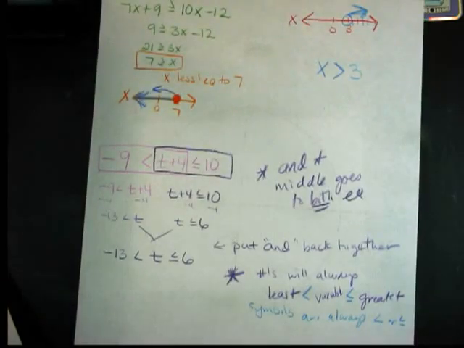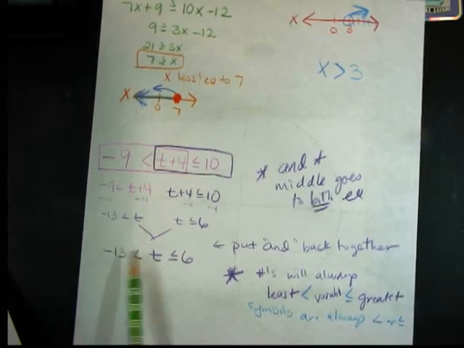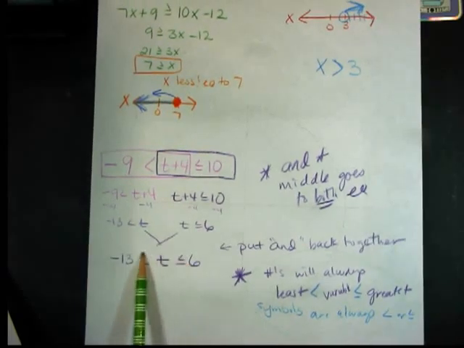You will not see an and problem, not one that's written correctly, in any other format than this format. It will always be smallest number, variable, greatest number. And these symbols will always, always, always be less or less equal. They are not greater symbols. When you write a proper and, you will never use greater symbols.